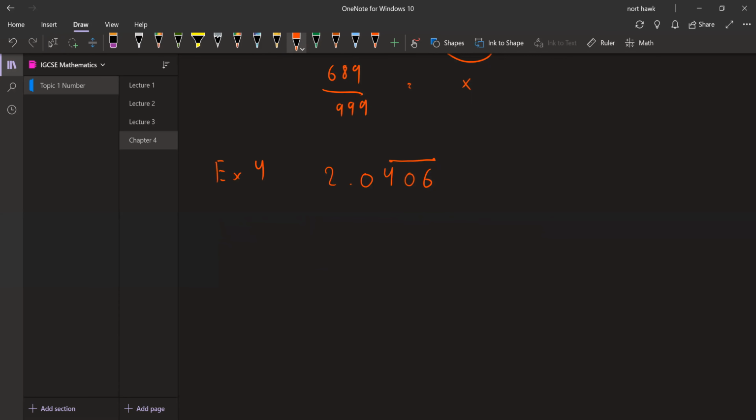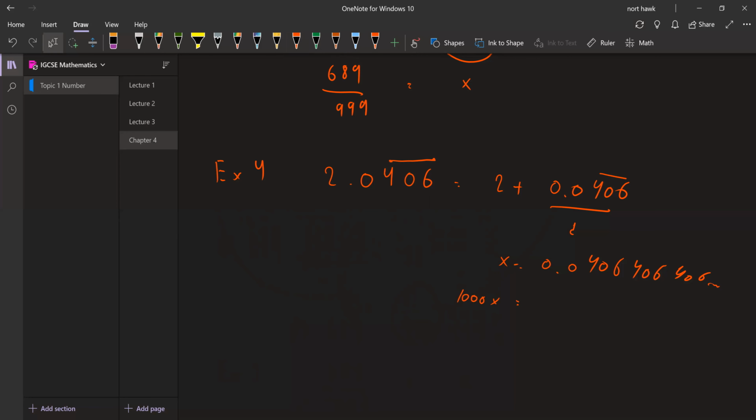But since we already know how to handle the decimal, this is essentially 2 plus 0.0406 repeating, so we could use the same logic. So let x be 0.0406 repeating, and then I multiply both sides by 1000.